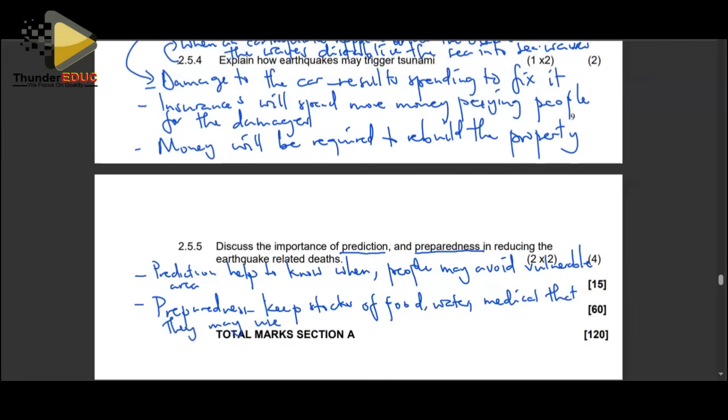So if you are having preparedness, it means you have to keep yourself enough stock of food and water and also medications, such that in case the earthquake causes destruction and the homes are destroyed, you know that you have your food kept aside, you are going to sustain after the earthquake.